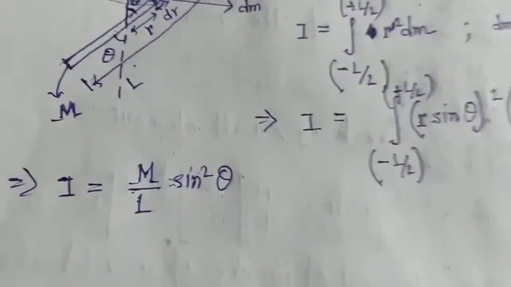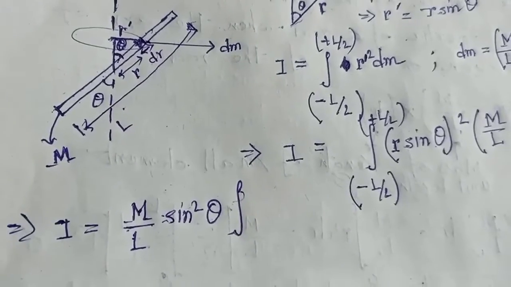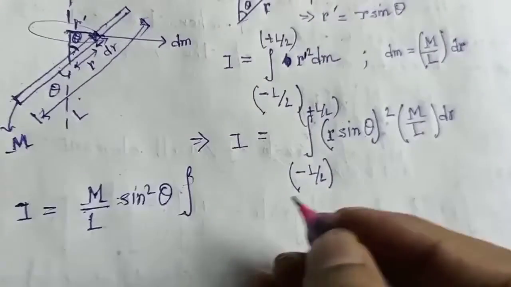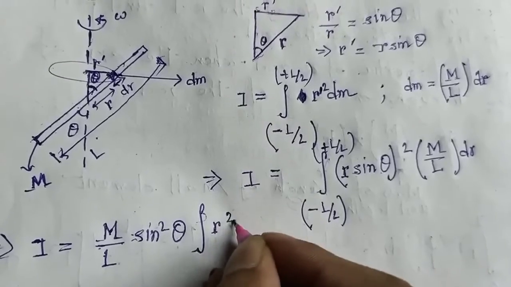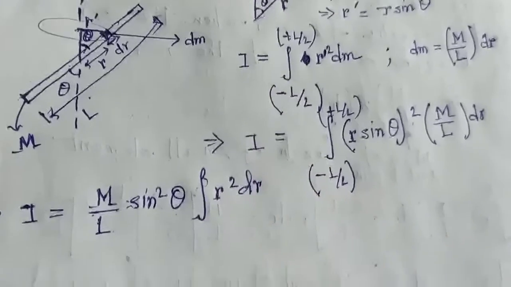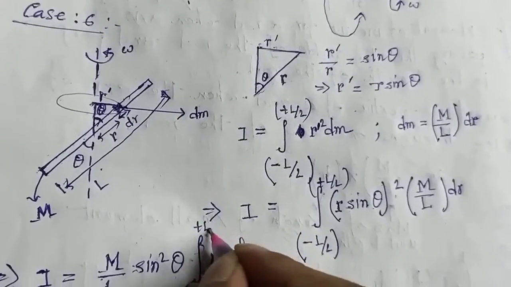So I becomes m divided by L sine square theta times the integral of r square dr, with limits minus L by 2 to plus L by 2.